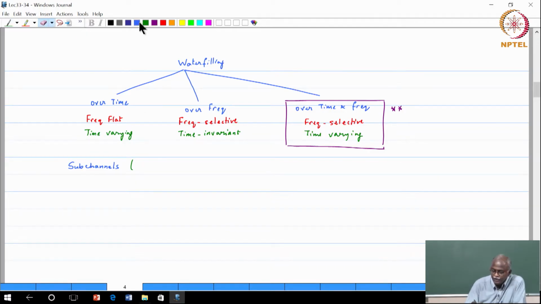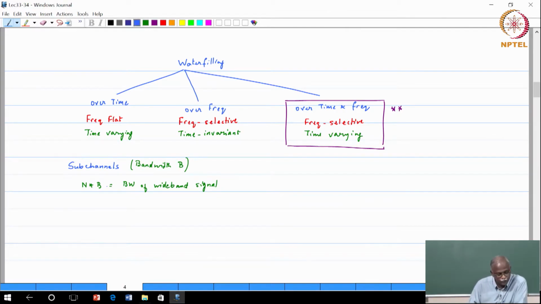Sub channel with bandwidth equal to B. Okay, so this is the sub channel, and we discussed yesterday how to choose these sub channel bandwidths. So if there are n sub channels times B, that is equal to the bandwidth of the wideband signal.